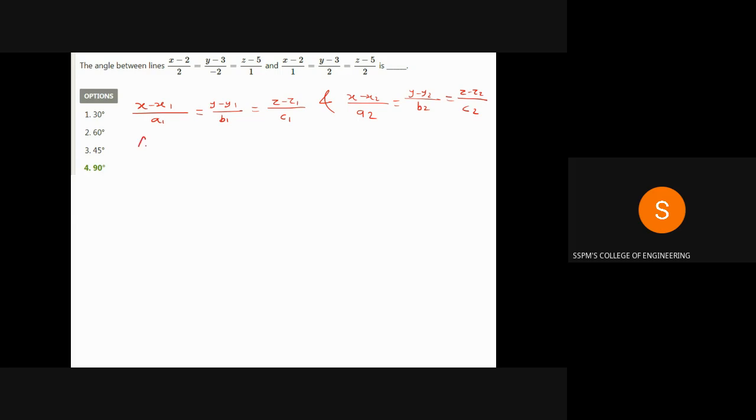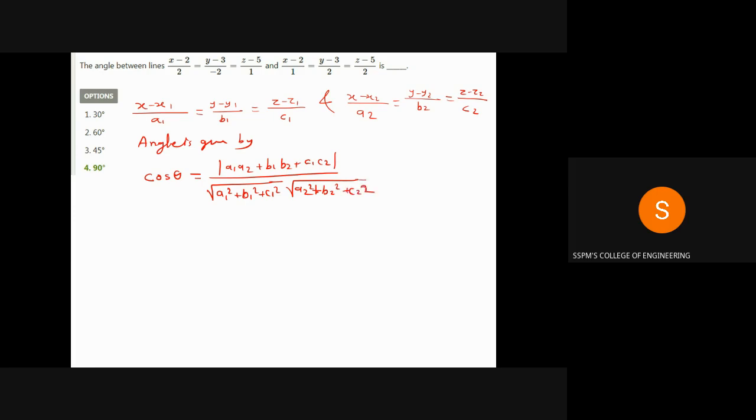Then the angle is given by cos theta = mod of (a1 a2 plus b1 b2 plus c1 c2) divided by root of (a1 square plus b1 square plus c1 square) into root of (a2 square plus b2 square plus c2 square).